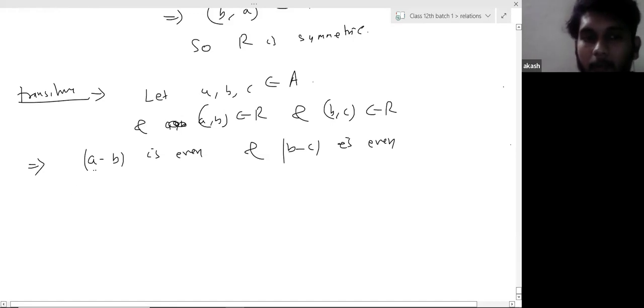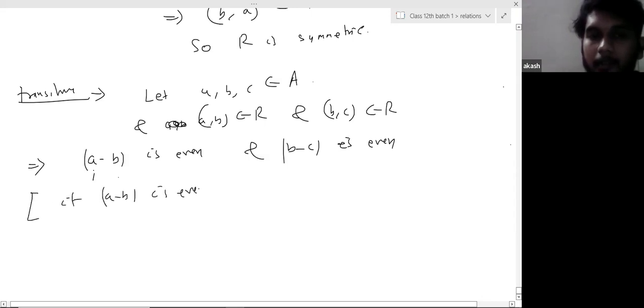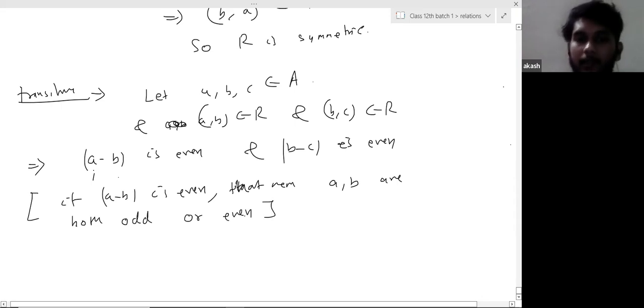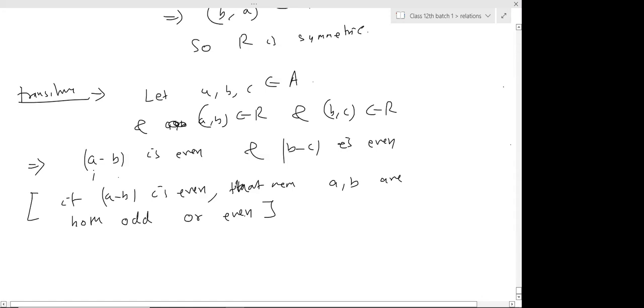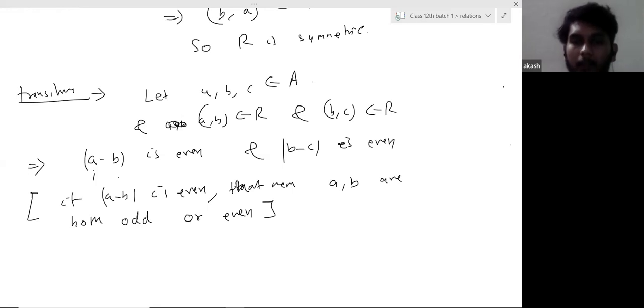If the subtraction of two numbers is even, that means a and b are both odd or both even. Is this clear to everyone? The subtraction of two numbers can be even if and only if either both of them are odd or both of them are even.